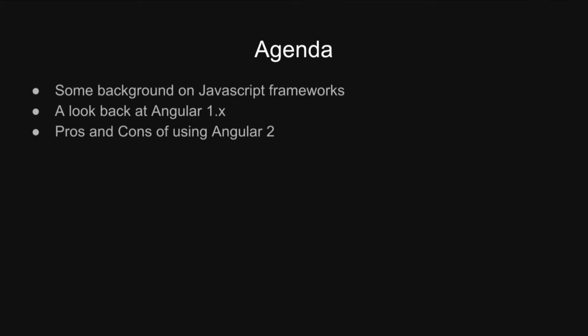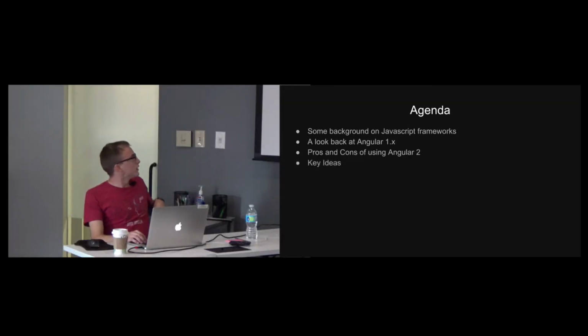So we'll look at some pros and cons of Angular 2, key ideas, some of the tooling, and there is a lot of tooling around Angular 2, as well as TypeScript. And then we'll take a little break. Hopefully by that time I'll have enough coffee in me to do a good code demo. I'm not going to do a lot of live code, but we'll walk through some sample components, and we'll try to get you guys a good idea of how this stuff's working.